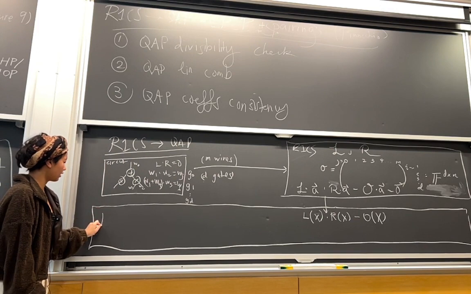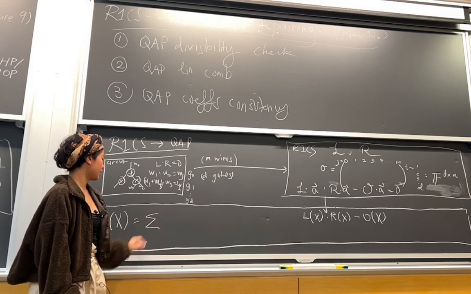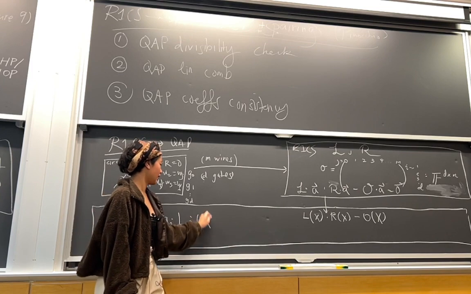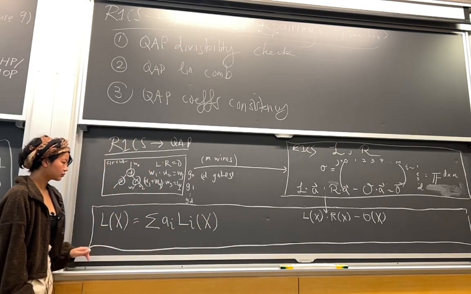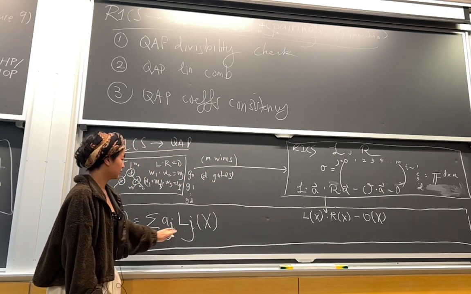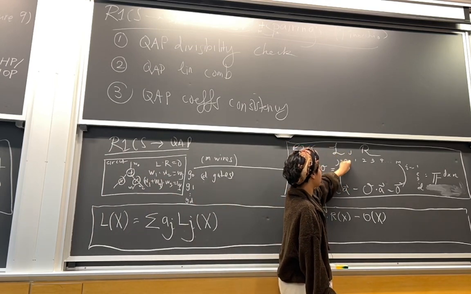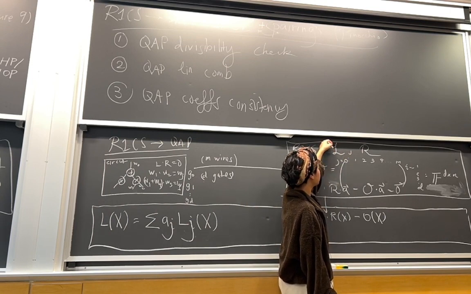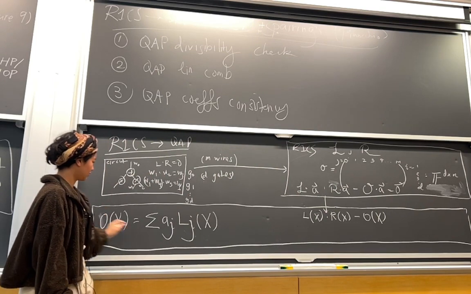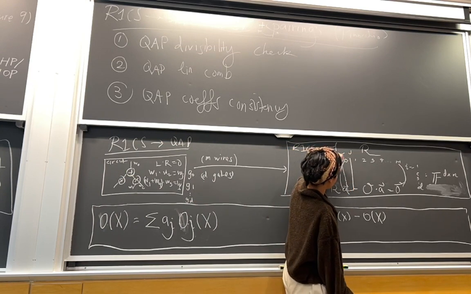So how we construct L(x), for example. We construct L(x) as a linear combination of what we call the L_j(x) polynomials. What is L_j(x)? L_j(x) is the Lagrange interpolation polynomial of the jth column of the L matrix. So maybe let me change this to O. Right, so this is O_0(x).